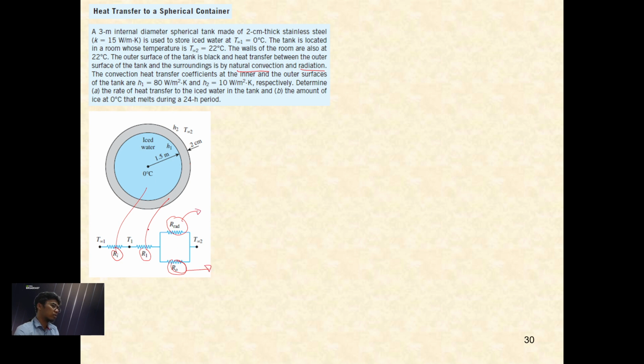If you put your thermal resistance just like this, whereas this is your R rad and this is your Ro, this is your R1 and this is your Ri, you made a big mistake.